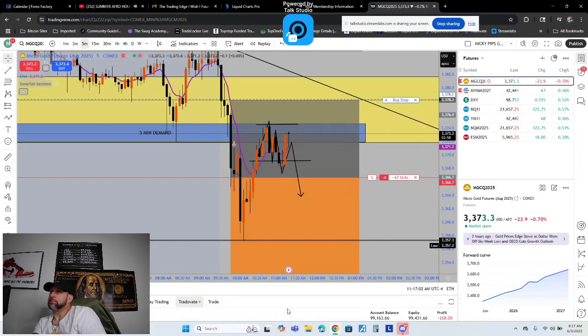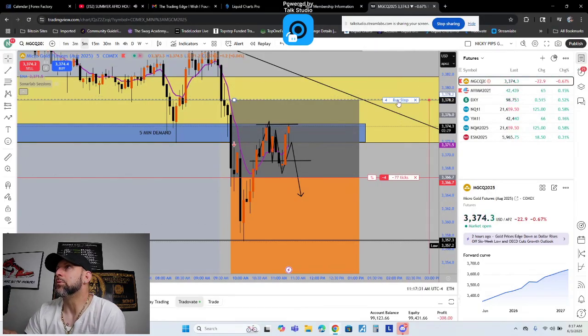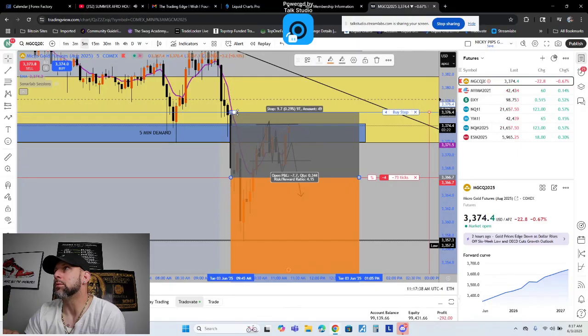More likely going to go up now. I'll move my stop loss to this candle right here, just to minimize my loss a little bit.